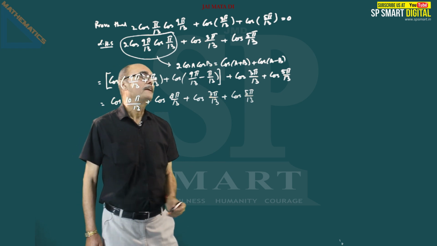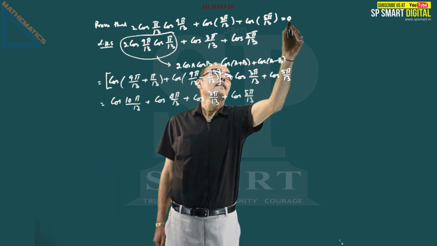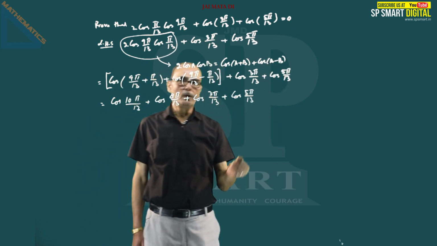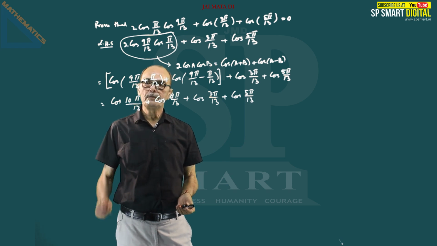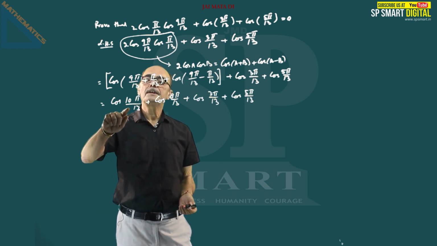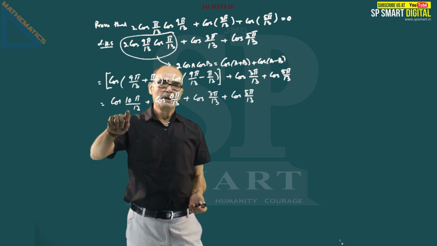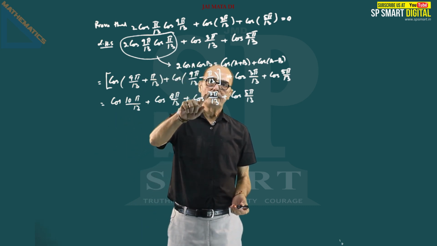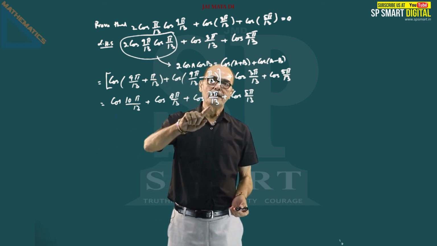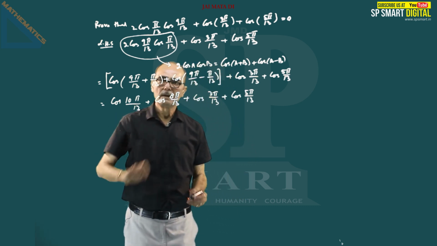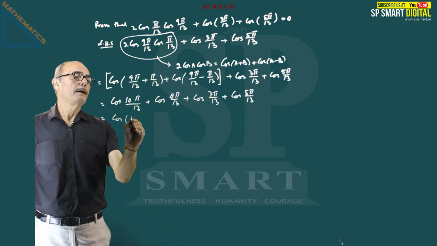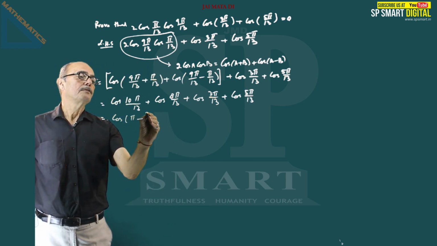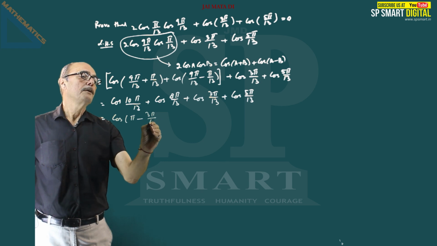Now, 0 on the right hand side gives us a hint that all these terms must cancel. To cancel these all terms, we have here the difference of 3 and 13 as 10. Either you change this or this as cos of pi minus 3 pi by 13.